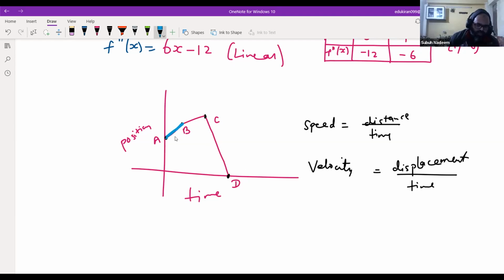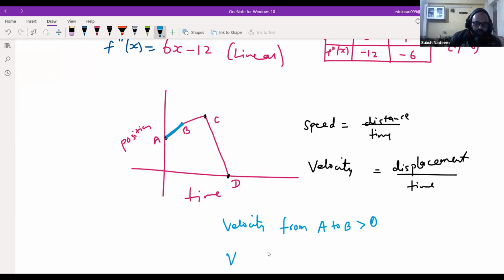The slope is positive, so velocity from A to B is positive. That means it is moving in the positive direction, where the position is increasing.